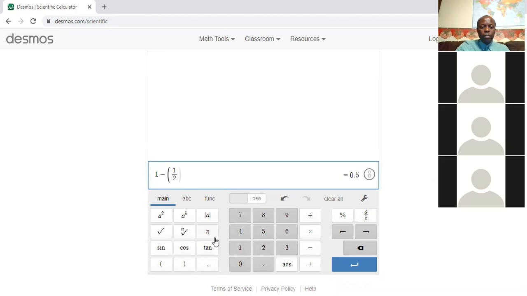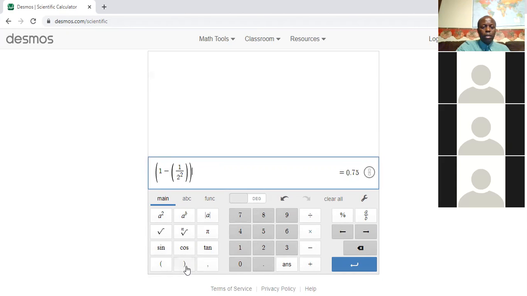So 1 minus 1 over 2 squared, in parentheses, then times 100. That gives you 75%. That's how we get 75% here.